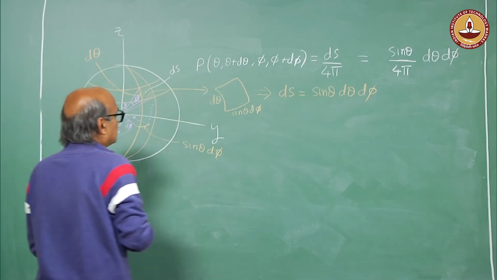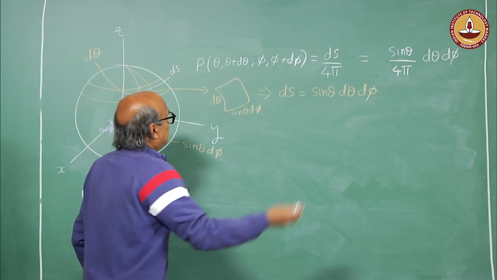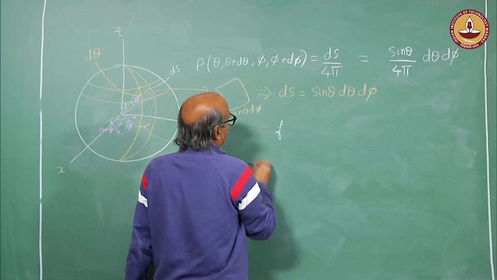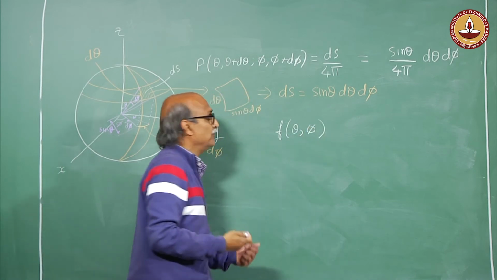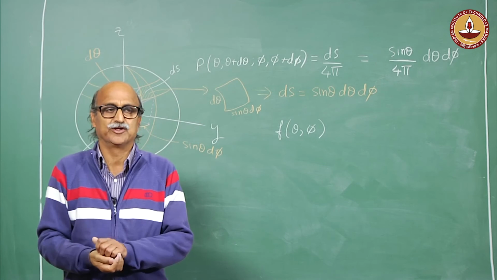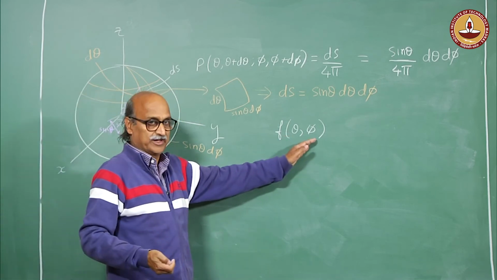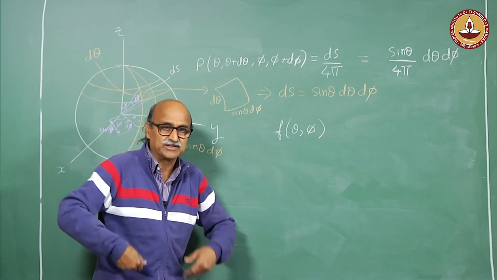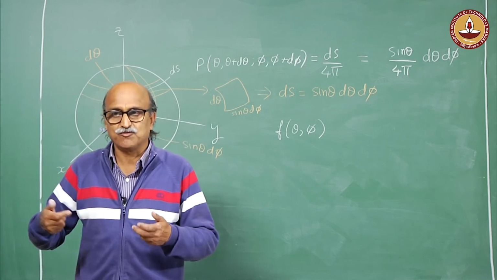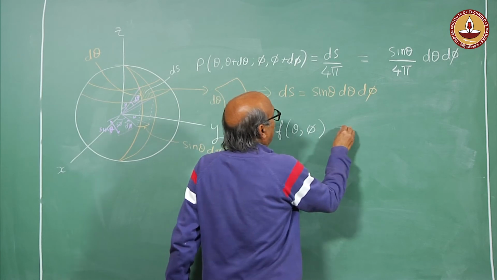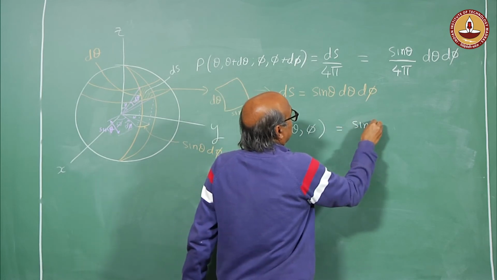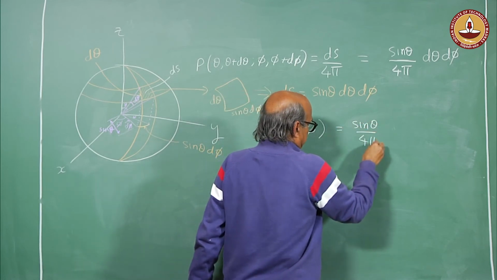Now, this can be written in terms of the probability density function f theta phi, which is now a function of two random variables theta and phi. In the two dimensional case, the density function was a function of one random variable, only theta, and this would simply be sin theta upon 4 pi.